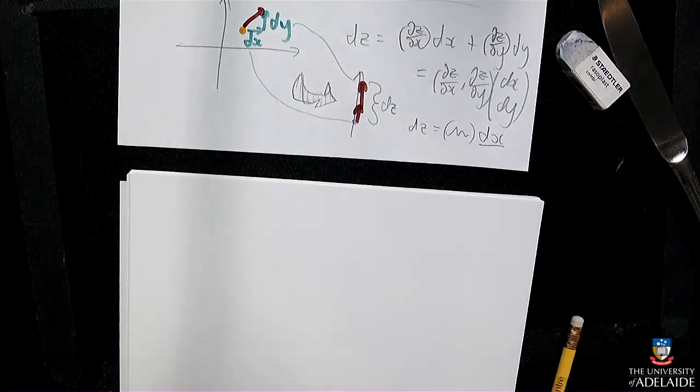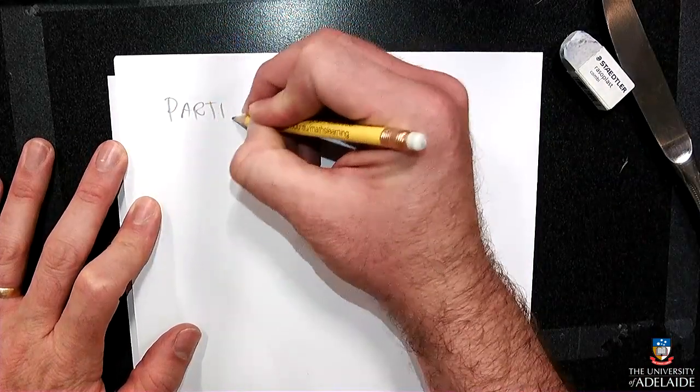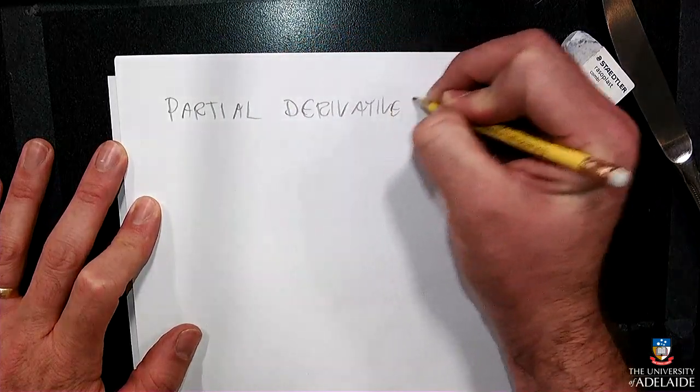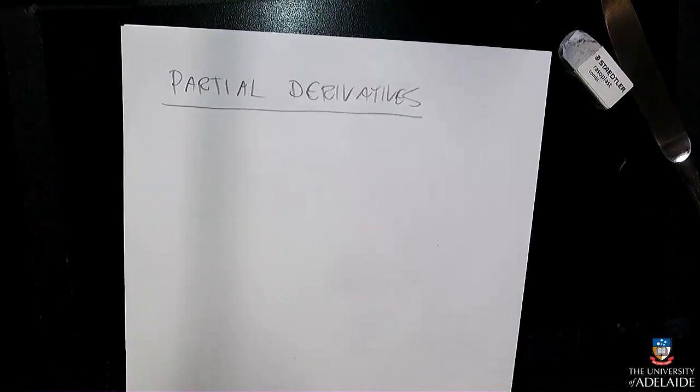Okay. So if we want to calculate derivatives in whichever direction we want, which is what we need in 2D, we're going to need to know how to do those other derivatives, the curly dz on dx and the curly dz on dy. So, partial derivatives.